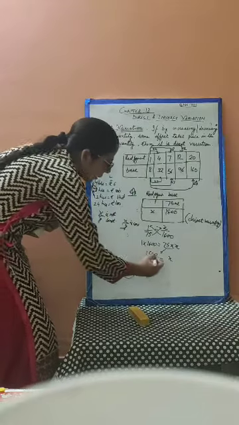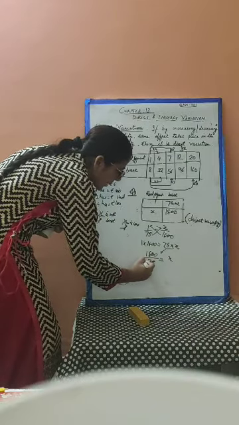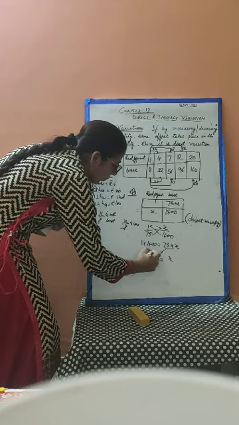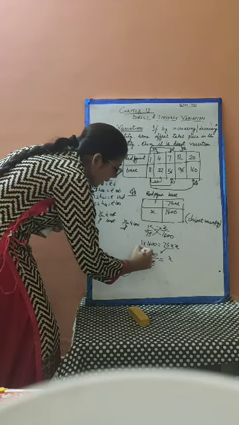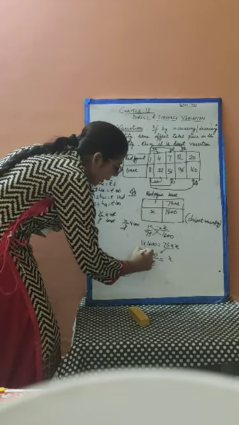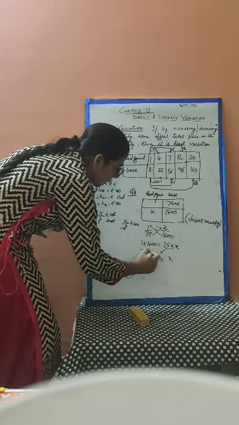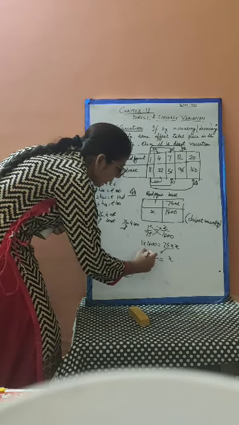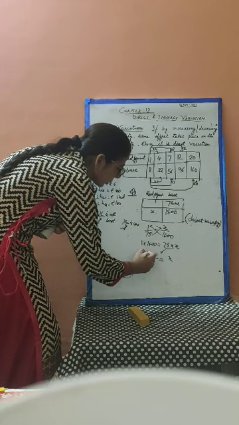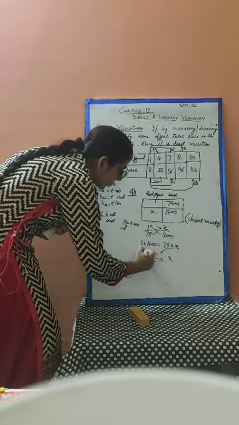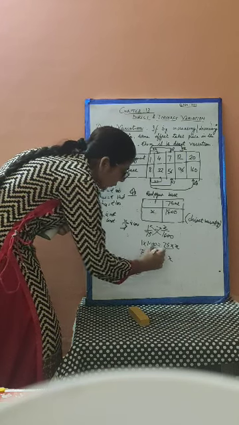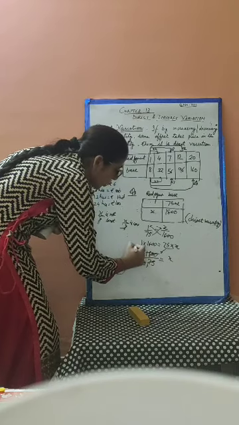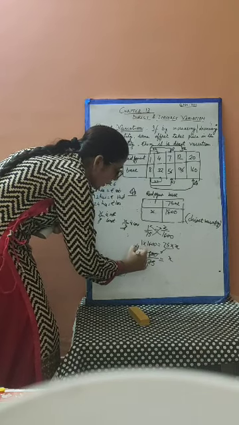How can I cancel it? 25 threes are 75, 25 sevens are 175, and 25 twos are 50, and 3 twos are 6, 3 fours are 12.